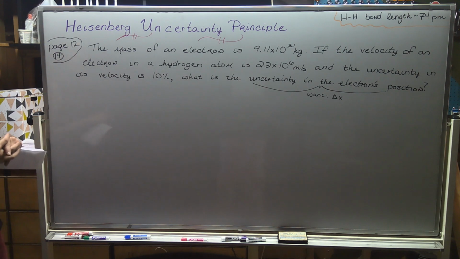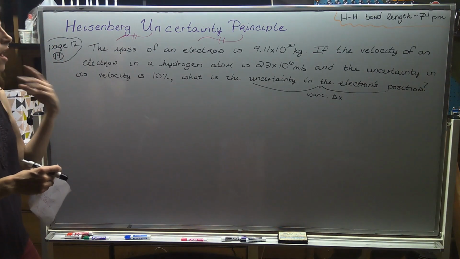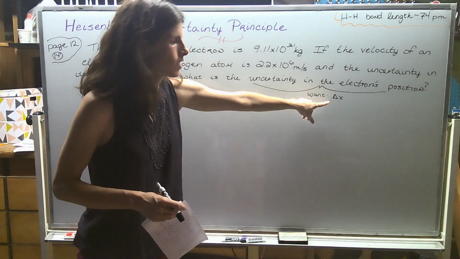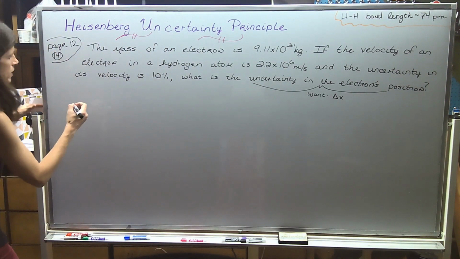Alrighty, so this time we're asked to solve for the uncertainty in position associated with an electron. So this is what I noted here, that we want to solve for delta x. Let's start with Heisenberg's equation.